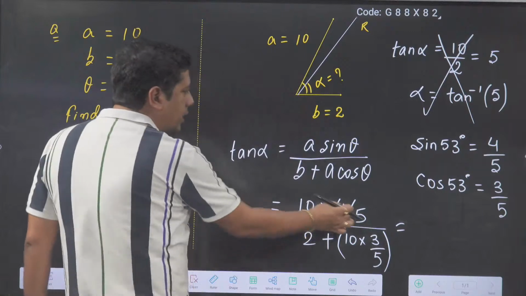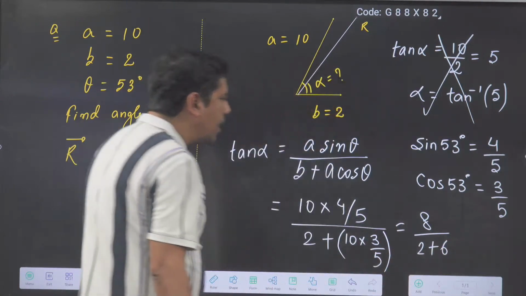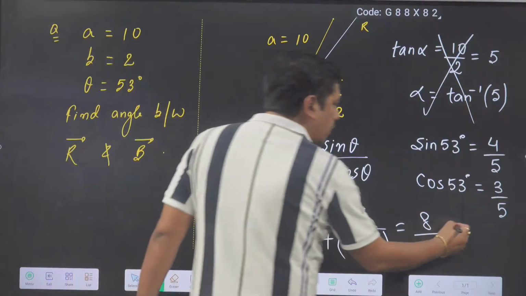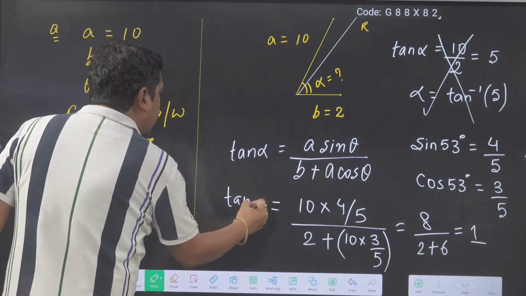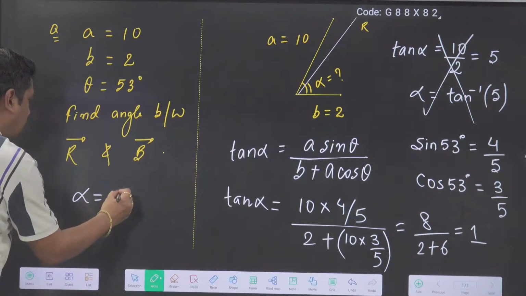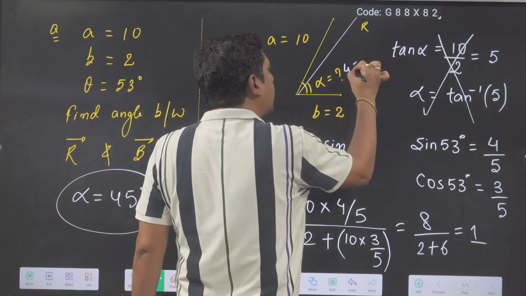If you do the calculation, you will get 8 divided by 2 plus 6, which is 8 only. 8 by 8 is 1. So tan alpha we are getting 1. Therefore, alpha will be 45. Means this angle is 45 degree.